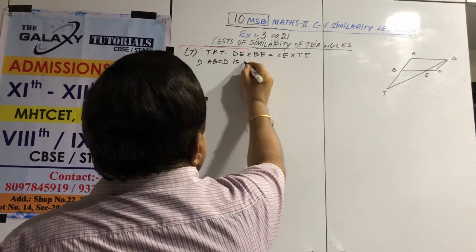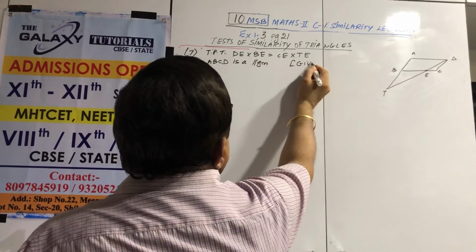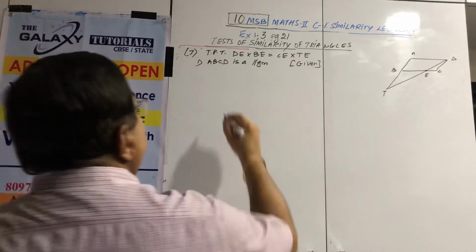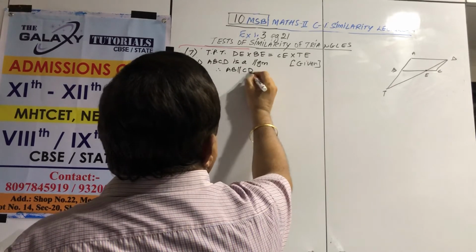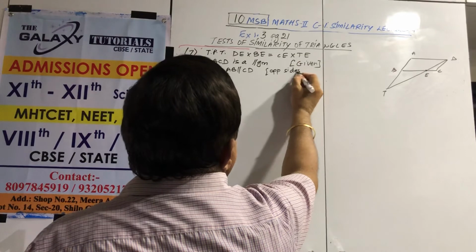First, ABCD is a parallelogram, given. Second, therefore, AB is parallel to CD. Opposite sides of a parallelogram are parallel.